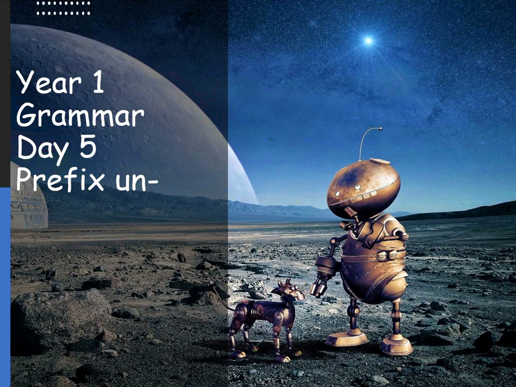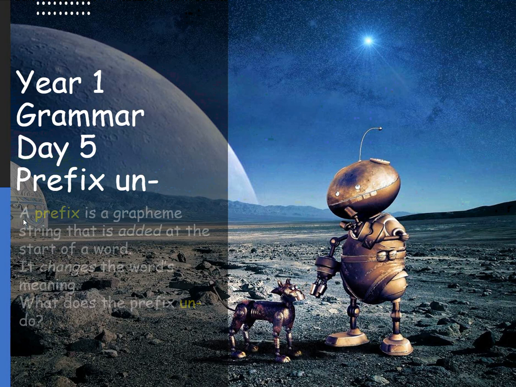Right, welcome back, Year 1. So today, before we start, I want you to think about what a prefix does. Try to explain to your grown-up. Grown-ups, pause the video until they've explained what a prefix does. That's right, Year 1. A prefix is a grapheme string that is added to the start of the word.